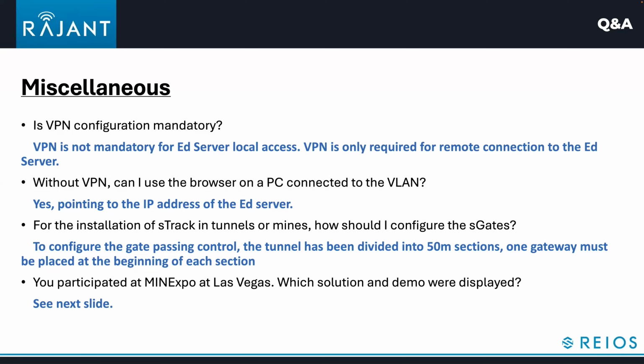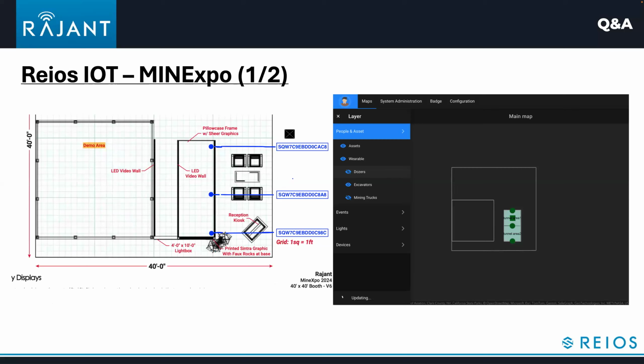So the answer is you can combine some perfect position calculation with some position inside, between two different virtual gateways. This is an example of the MineExpo demo tunnel, and as Franco said, you can position 3 different gateways alongside the tunnel.